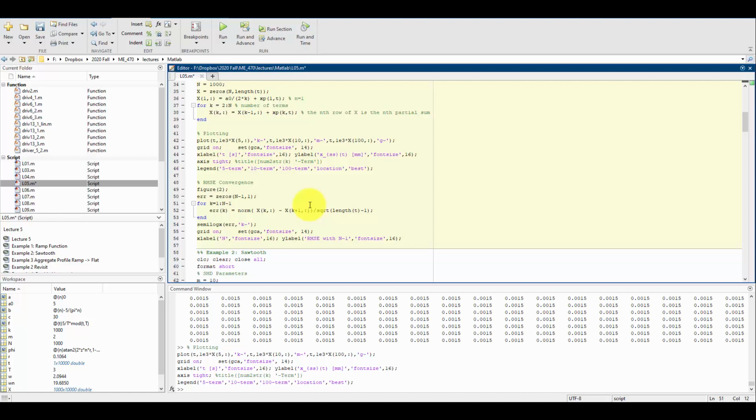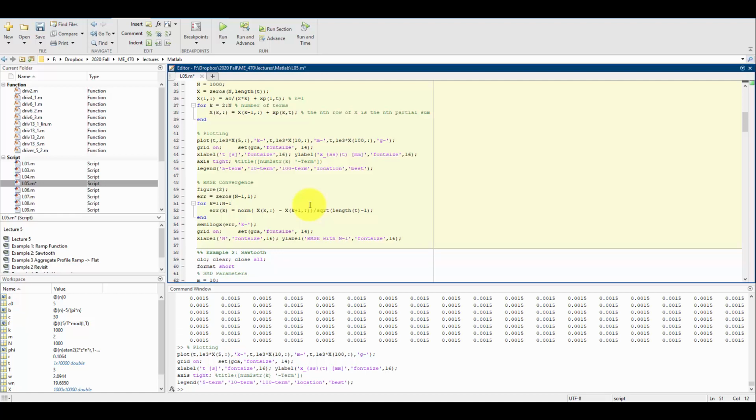So what I should expect is that RMSE, the difference between the series, should get smaller and smaller. Basically, as I add more terms, the little differences between, like, the 101st partial sum versus the 100th should be really small.